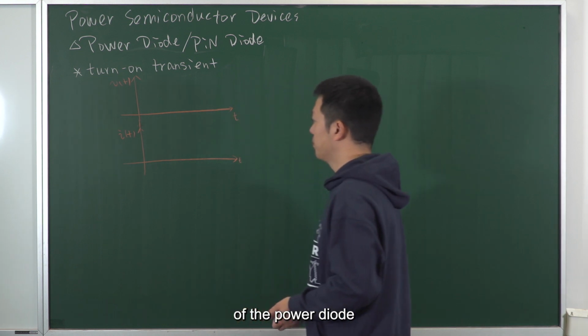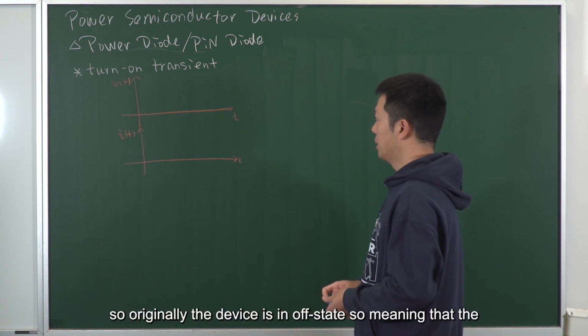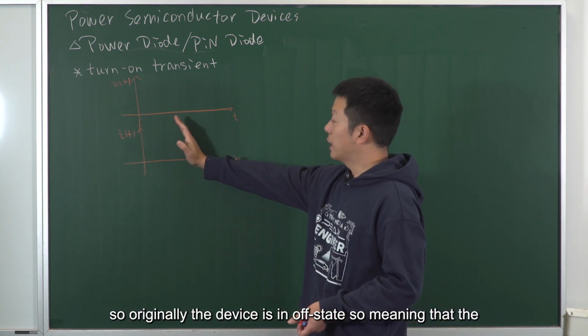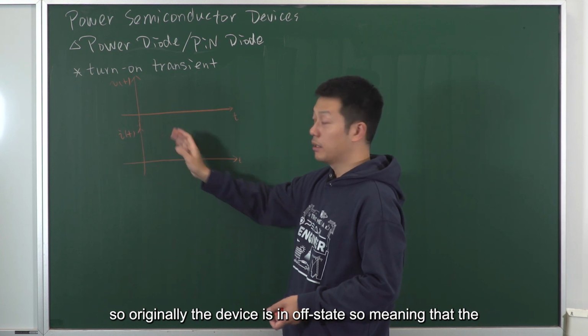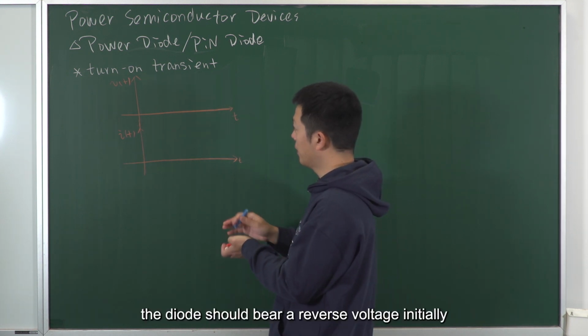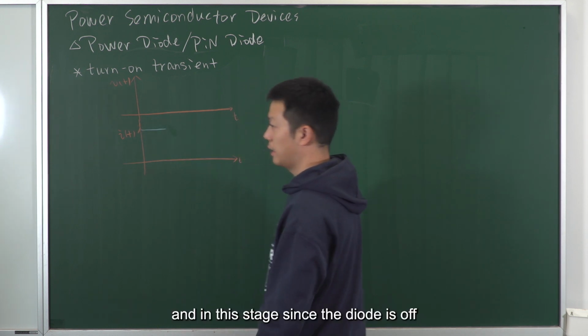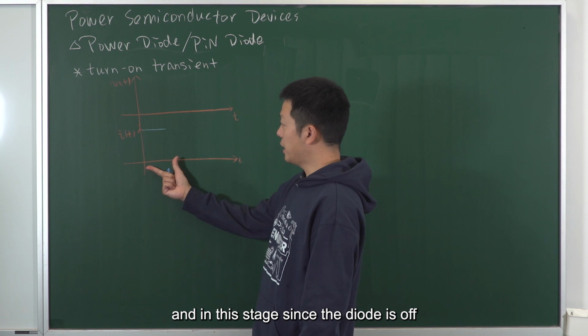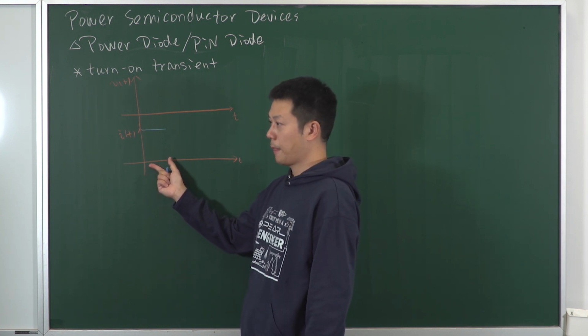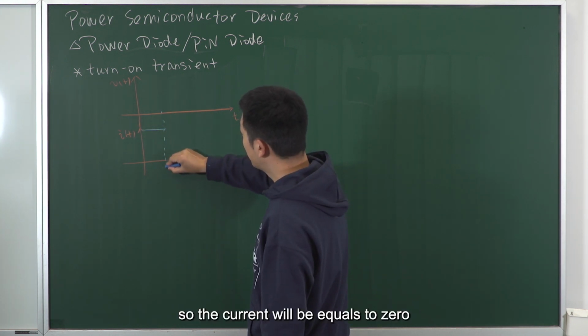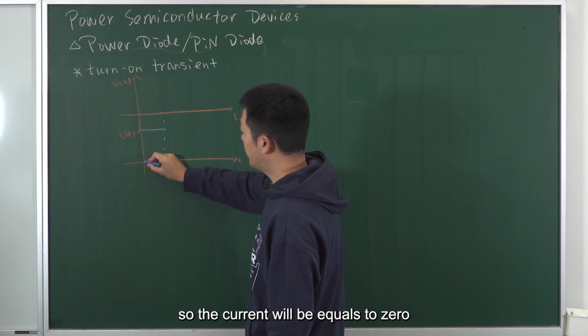Of the power diode. So originally the device is in off state, right? So meaning that the diode should bear a reverse voltage initially. And in this stage, since the diode is off, the current will be equal to 0.